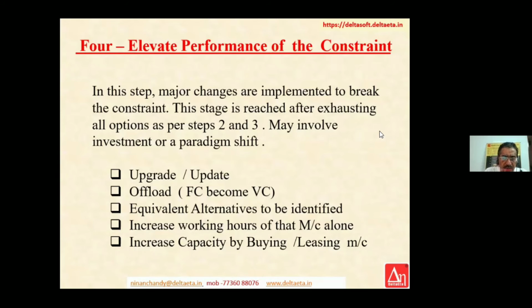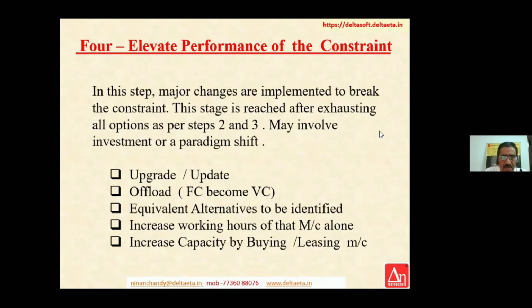For example, if the machine has a capacity of 100 pieces a day, is there some way where you can invest some money and make the machine into a 150 piece machine a day? If that is the case, you upgrade the machine. You have a PC, you try to increase its capacity, or you try to find additional storage capacity.